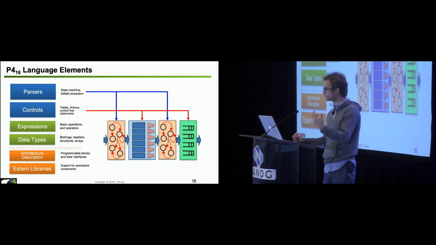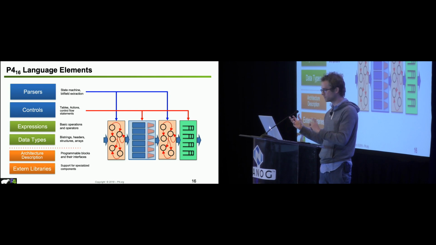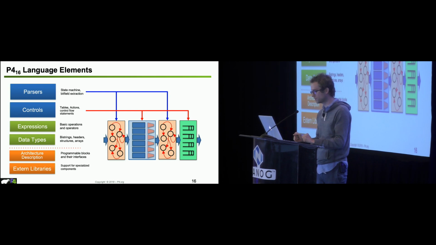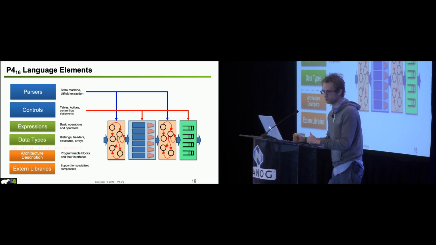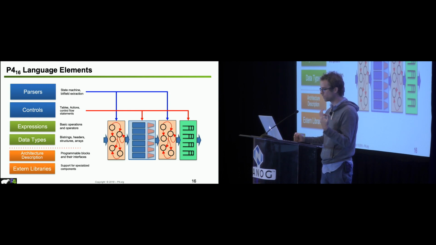So we had an old version of the language called P4.14, which came out in 2014, which said, okay, a programmable networking device is going to be a parser, two different match action pipelines, one on ingress, one on egress, and a deparser. What happened is, working with multiple vendors and the P4.org community, we realized that one size does not fit all.